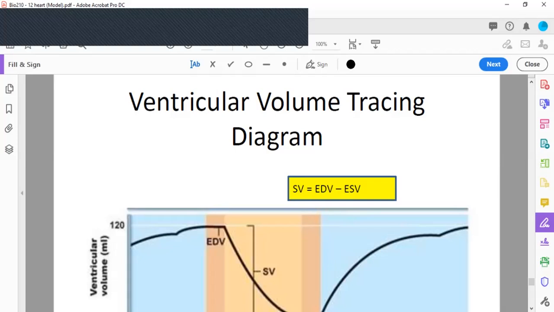So the difference between EDV and ESV represents stroke volume. As you recall, EDV represents the volume in the ventricle before contraction.